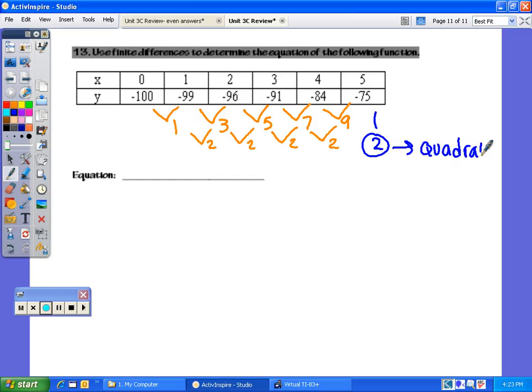Notice it looks different than quartic. Remember, quar sounds like 4. So quadratic is 2. This has a degree of 2. And this is when you would go to Stat Calc number 5. This was your whole entire test for Unit 3B. Okay, so now you just put that in your calculator. Make sure you change the numbers from before, because the tables might change, so you don't want to have the same x values you had before.